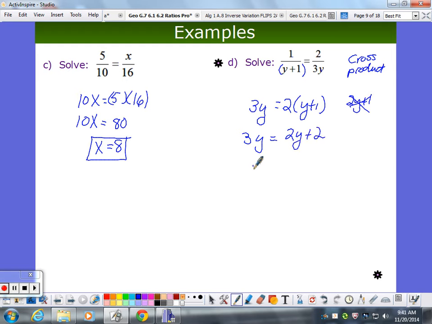And now subtract that to get y equals 2. I do like to check them. That would be y over 2 plus 1, and this would be 2 over 3 times 2 is 6. Well, 2 over 6 is 1/3. So I just like to get that little peace of mind to make sure I did it right. Plug it in and check it. Why not? It takes a second. If you really don't like doing that, you can just put it in your calculator. 1 divided by 3, 2 divided by 6, it's the same thing.